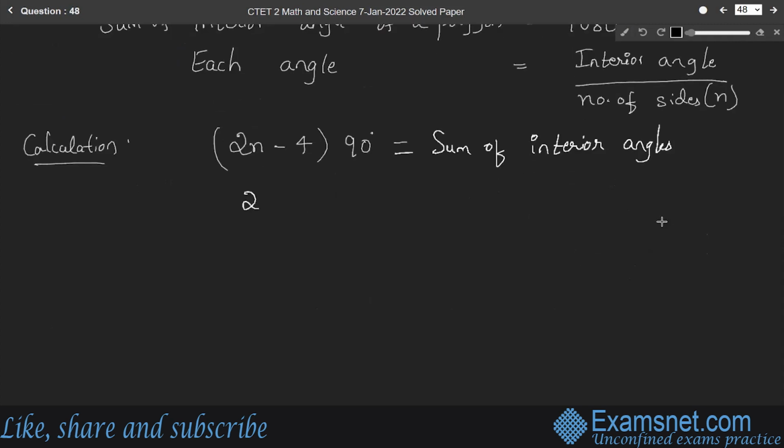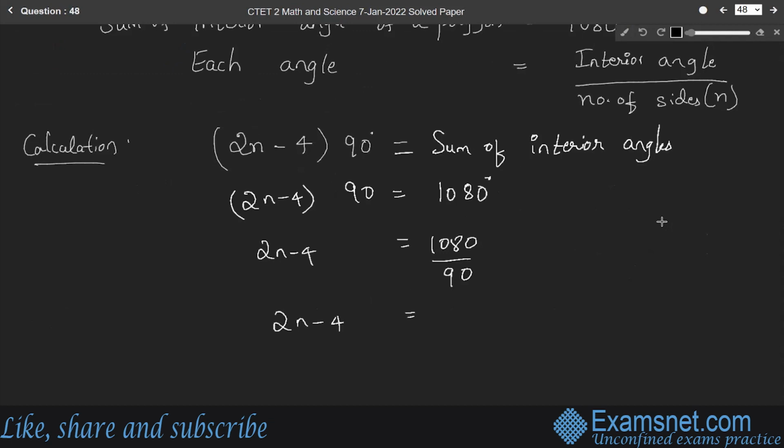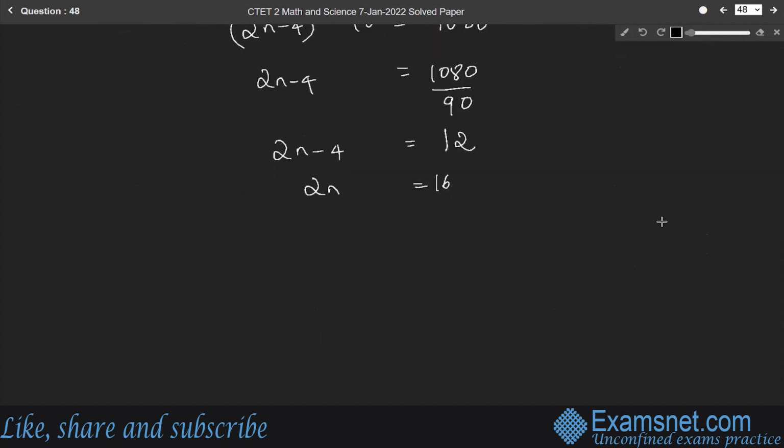Here the sum of interior angles is 1080. Therefore, 2n minus 4 is 1080 by 90. So 2n minus 4 is equal to 12. Therefore, 2n is 16. n is 8. So here the number of sides is 8. Therefore, the regular polygon is an octagon.